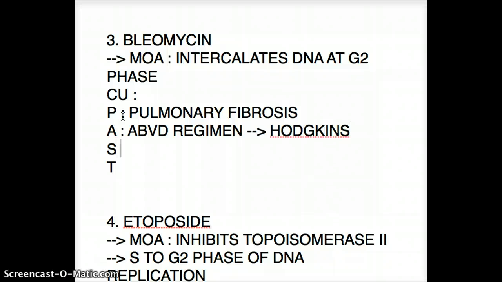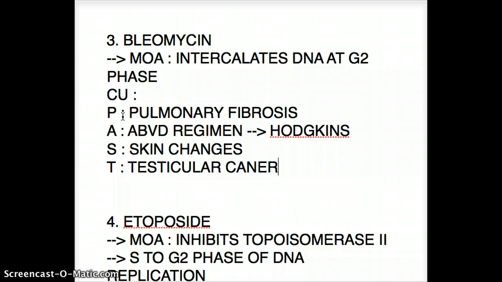The S is for skin changes. And the T stands for testicular cancer. So those are my clinical use and toxicities together.